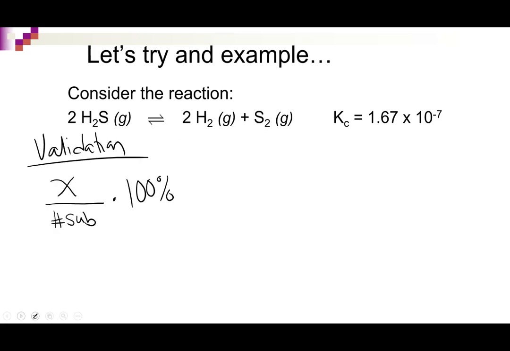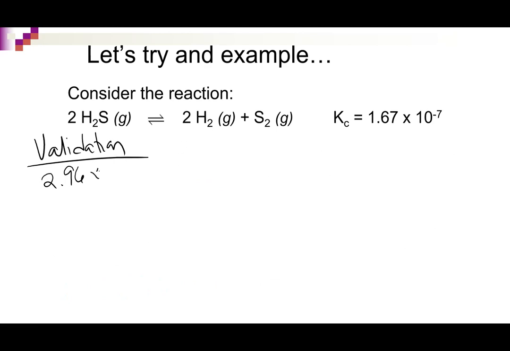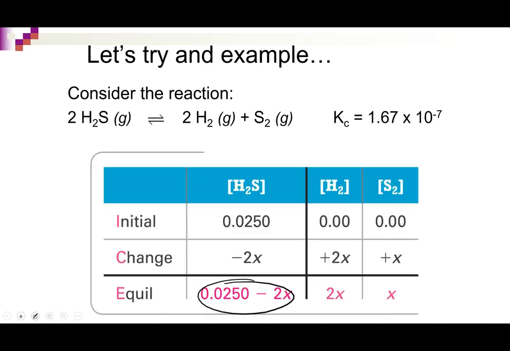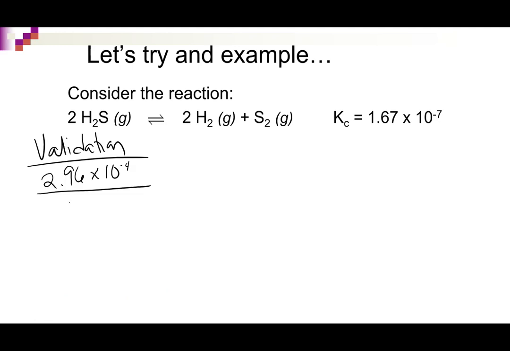So to validate, I'm going to take 2.96 times 10 to the negative 4th divided by, so what number was it originally subtracted from? It was originally subtracted from this 0.025. So I'm going to divide it by 0.025, multiply that by 100%.